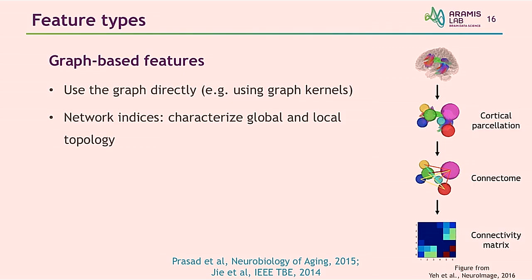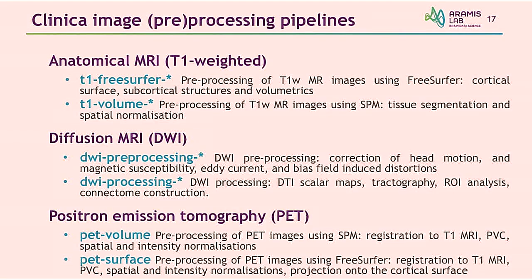If you're not very familiar with all these processes, you can here again use Clinica to perform all these pre-processing steps to extract your features. So we have pipelines to extract features from T1 MR images, diffusion images, and PET.